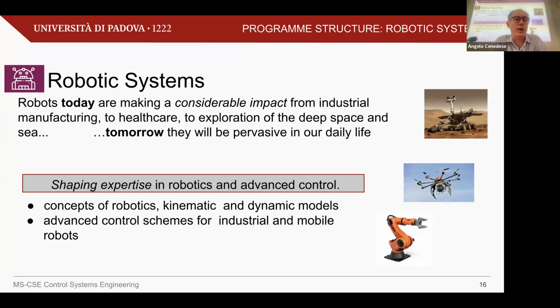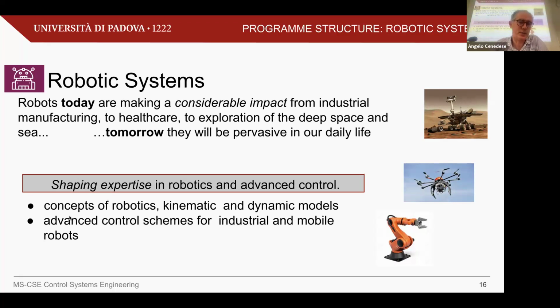And by robots, we mean any automatic system that has perception, that has actuation, and that has some intelligence on board. So for example, a self-driving car or an automatic aided car is a robot in our perspective. And then we know industrial robots, mobile robots, robots for deep exploration in space and everything.